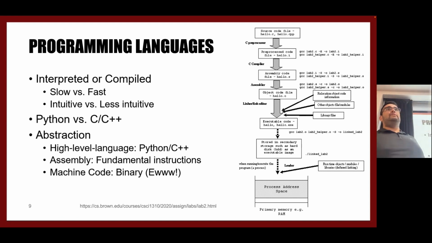This brings us to the abstraction of how programming languages work. Most of you have probably learned one programming language, and that's a high-level language. That's one that a human can read easily and program easily in. Python and C++ are both high-level languages. At some point, they're compiled one layer down to what's called assembly language.